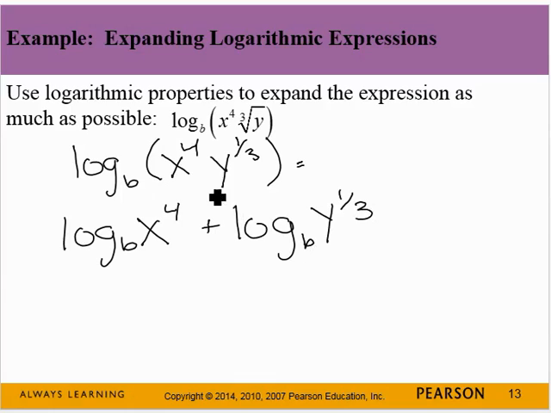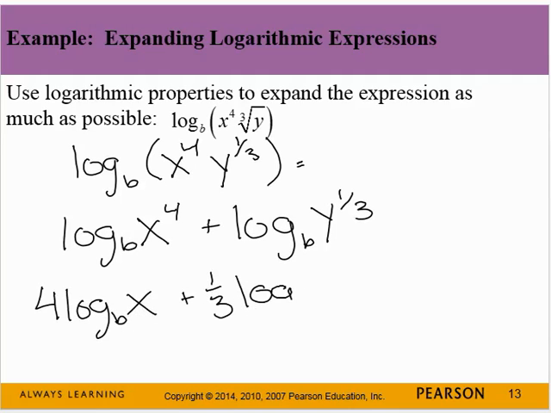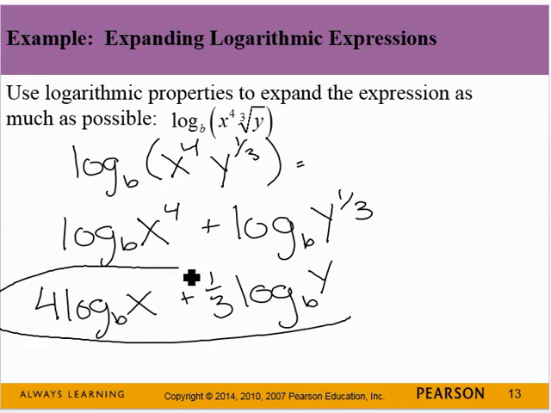So that was our product rule. And now we're going to do our exponent rule, or our power rule. And this is your expanded form. So I took a shortened version, I expanded it all the way out. So it's expanding log.